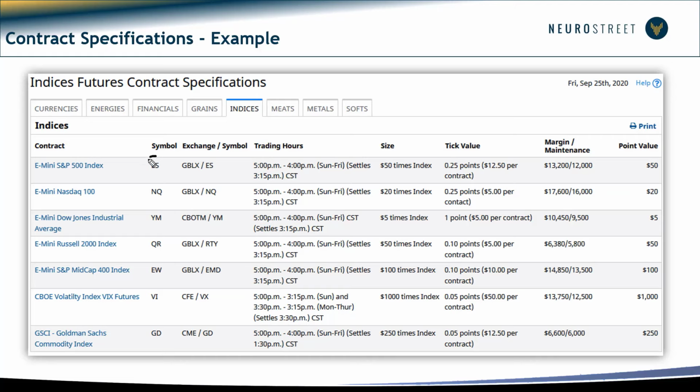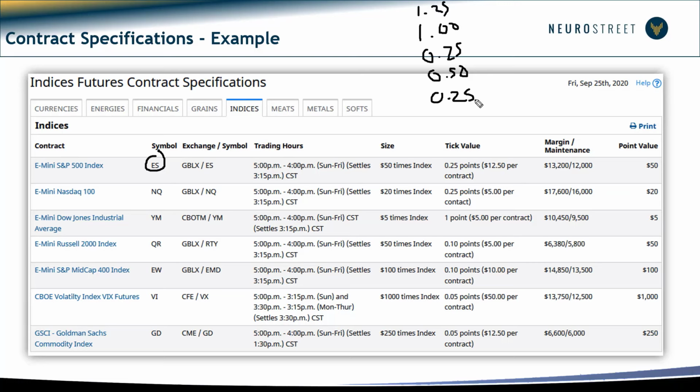Let's take a look at the S&P contract. This market moves in 0.25 increments. So it'll go up 0.50, and then 0.75, and then 1.0, and then 1.25.